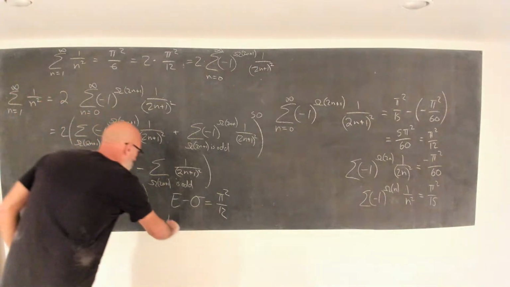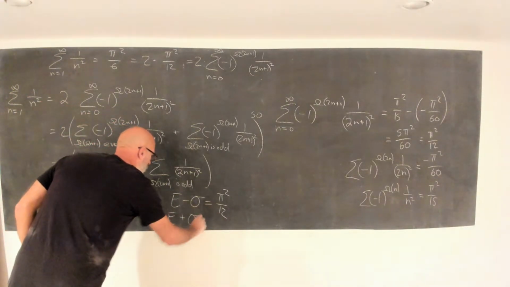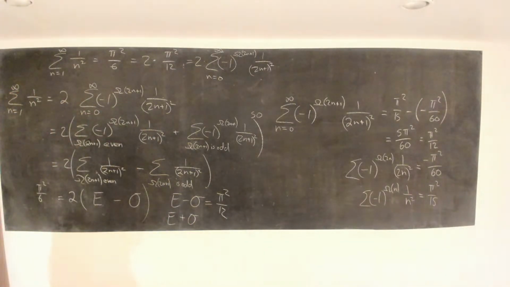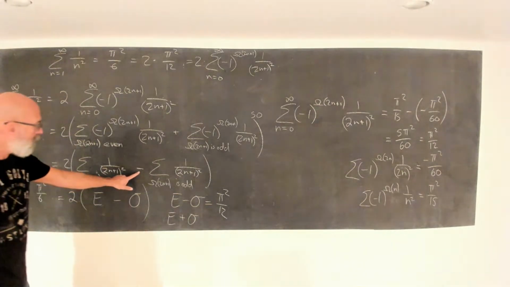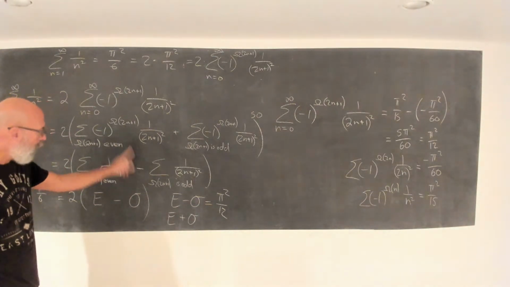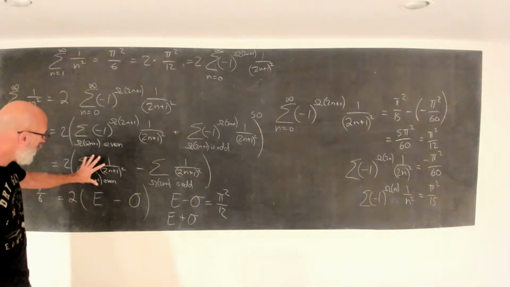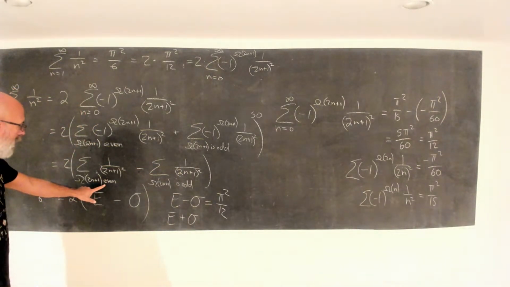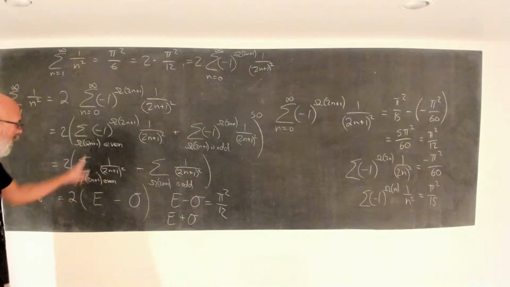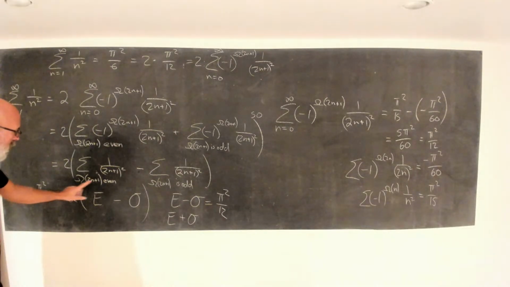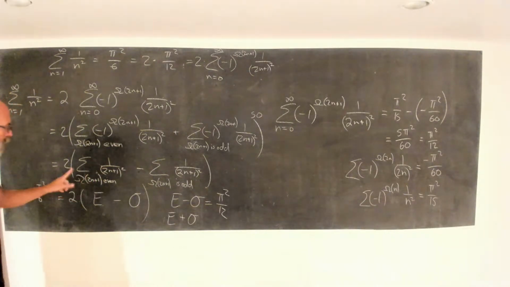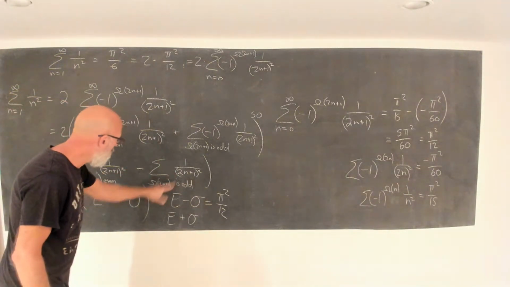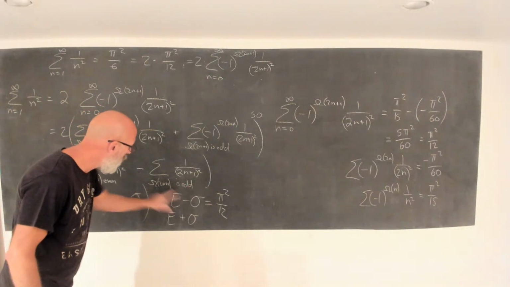And E plus O, right? Instead of subtracting the two, if you added them, this is the sum when phi of 2n plus 1 is even, and this is the sum when phi of 2n plus 1 is odd.